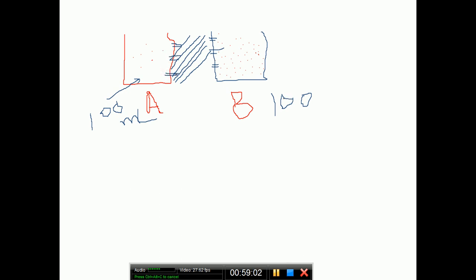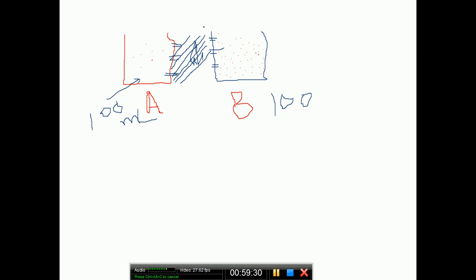Where would the water move? This region is concentrated. This region is diluted. The quantity of the water is the same, but the quantity of the solutes will define from which container, A or B, water will move to which container.